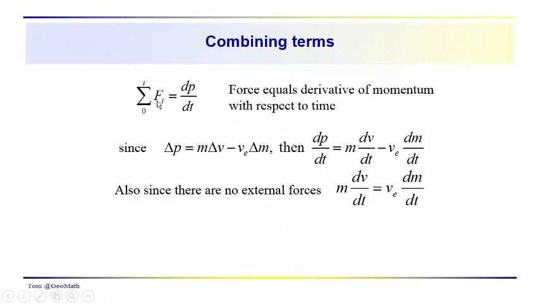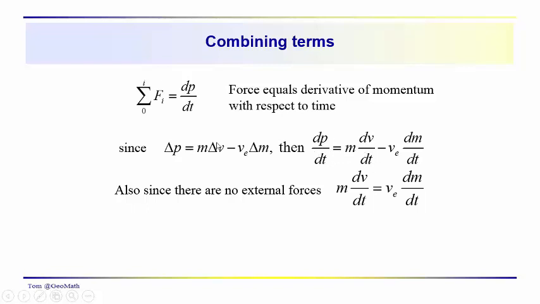So the sum of the forces we already said is 0. That's the change in the momentum with respect to time. Force is equal to the derivative of the momentum with respect to time. And delta p is equal to m delta v minus v sub e delta m. So we have dp dt is equal to m times dv dt.